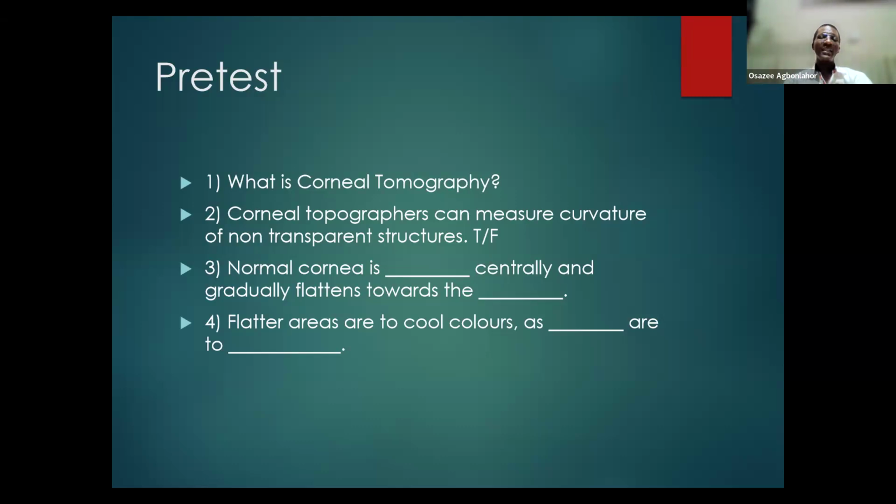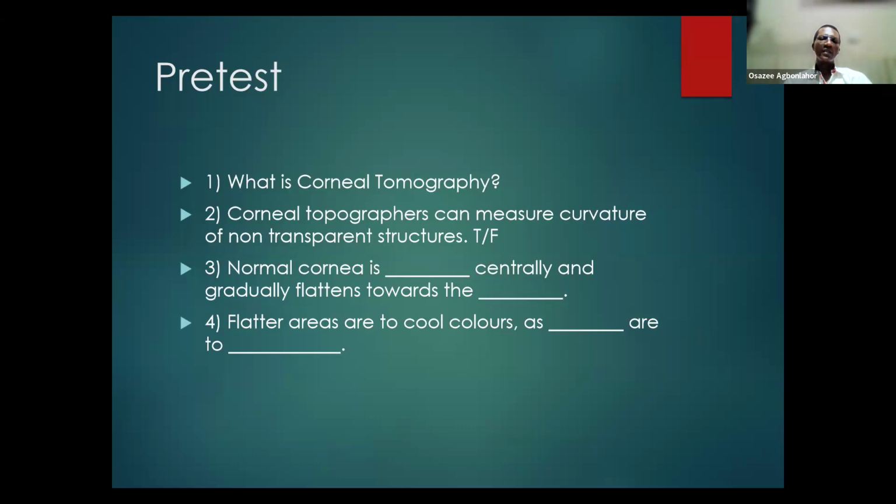But those that project concentric slits onto the cornea can actually go beyond the glass. So it doesn't need the reflection to give you the smoothness of the surface. It can go towards the limbus and even some part of the sclera. So the answer to that question, can corneal topographers measure curvature of non-transparent structures, is yes, that's true.